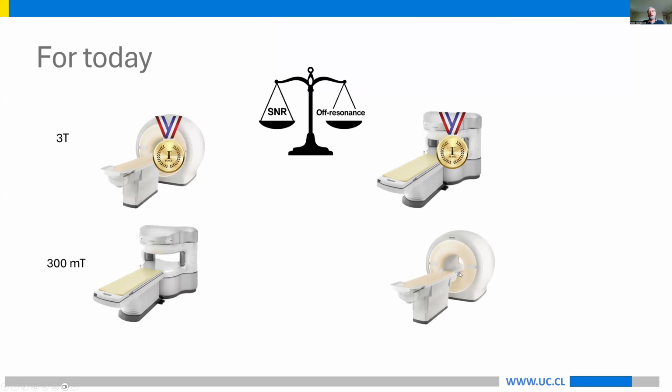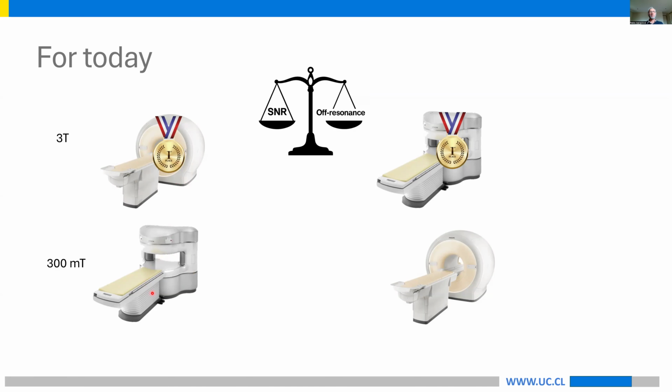So the main challenge that we have with low field MRI is on one side SNR, signal to noise ratio, and on the other side off resonance. Today it's very common to have 3T or 1.5T scanners in the market for clinical use.